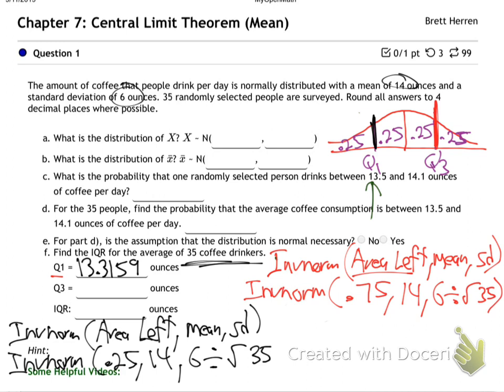Somebody got that number? 14 point something, I bet. 14.6841. So that's the Q3. And then the IQR, you just subtract them on your calculator.